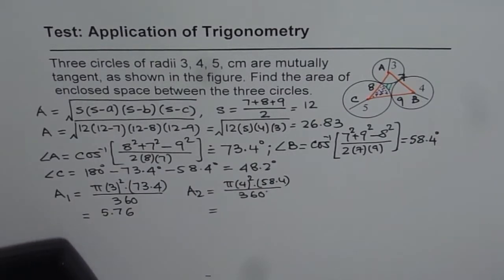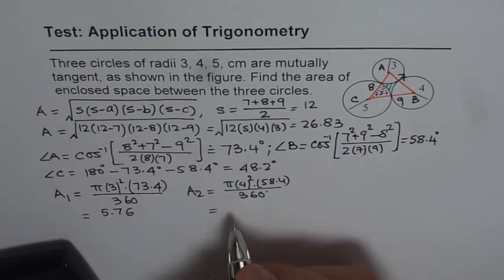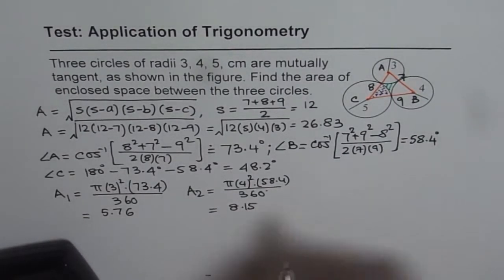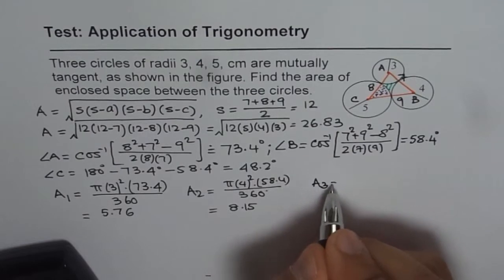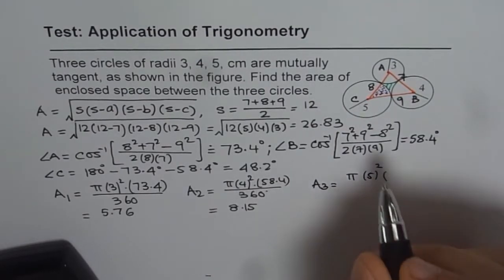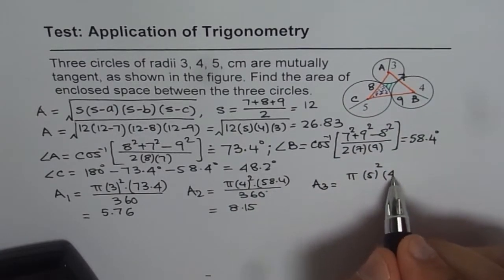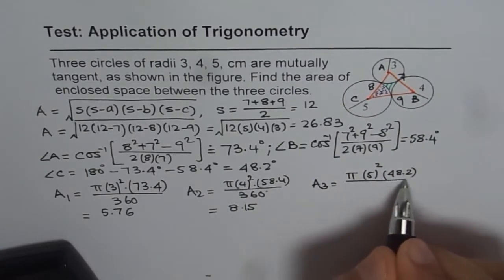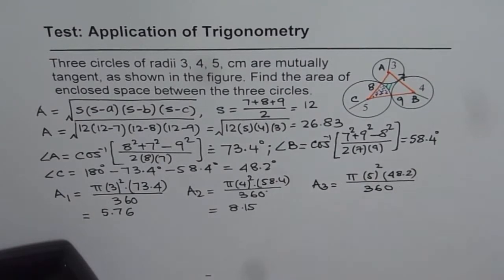So that is equal to 8.15. And the area for the third sector will be pi times 5 square, which is 25, and the angle is 48.2 divided by 360. So it is equal to pi times 25 times 48.2 divided by 360, and that is equal to 10.51.